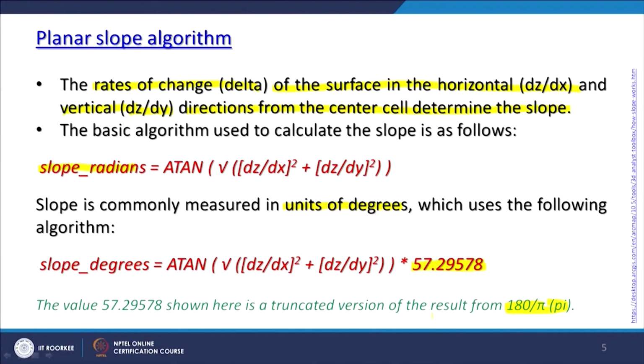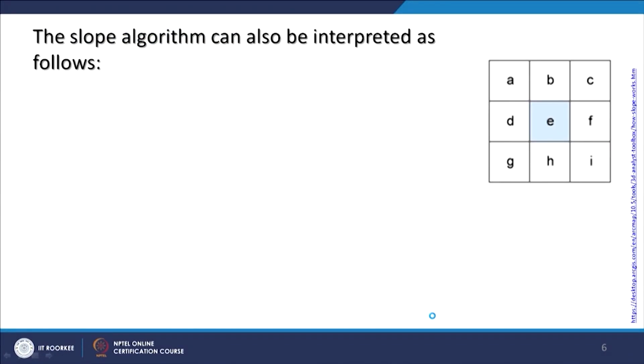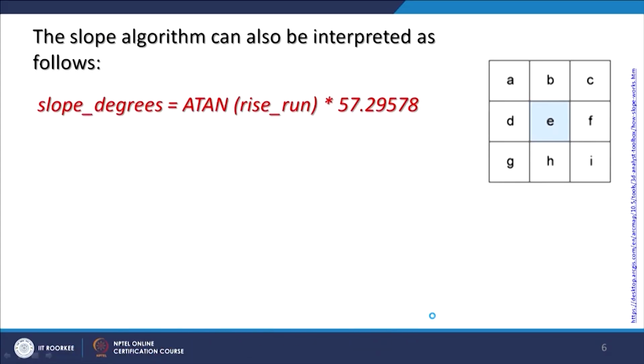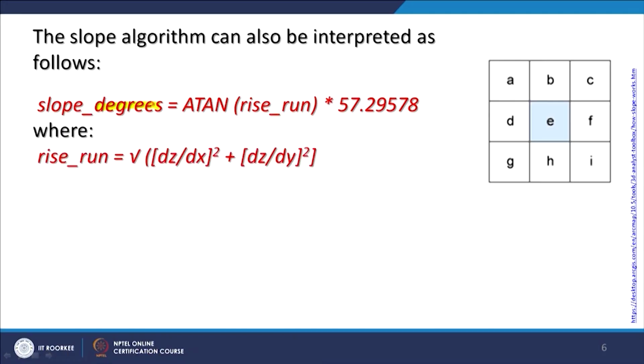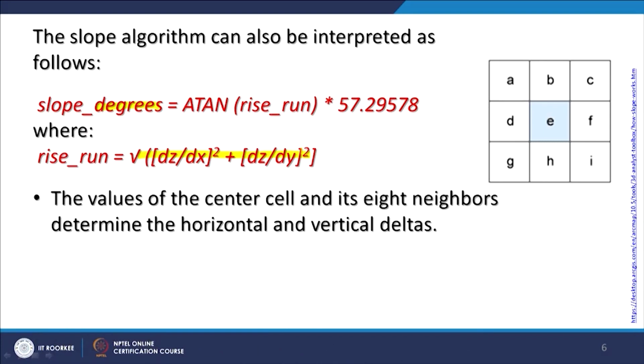Here is the value multiplied by 180 degrees by pi. The slope algorithm can also be interpreted in this form, like a slope in degrees, where you know that rise over run will be decided based on this expression, using the value of the center cell and its 8 neighbors.